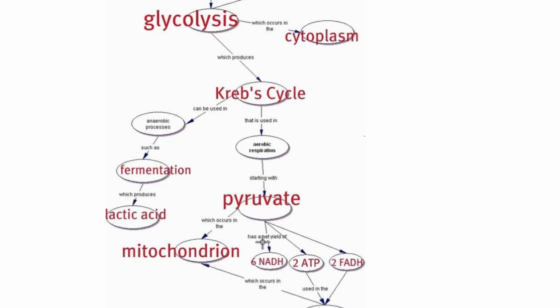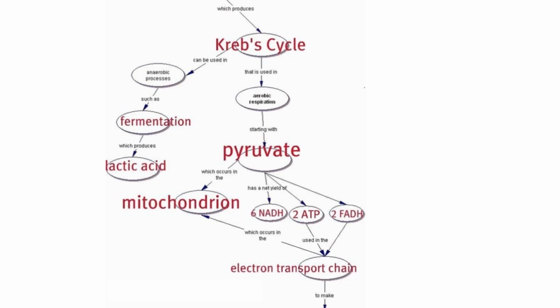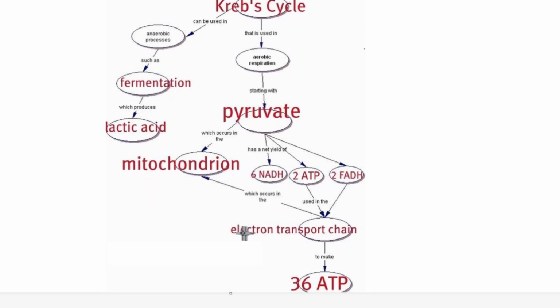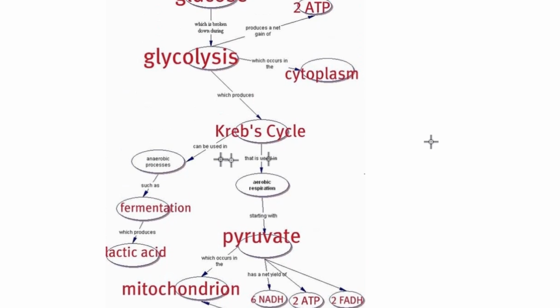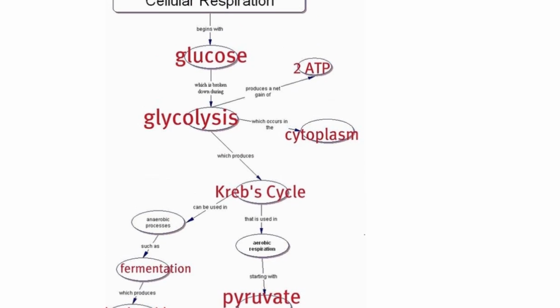And this has a net yield of 2 reduced NAD or NADH, 2 ATPs, 2 reduced FAD or FADH2, and this then initiates the electron transport chain to make 36 overall ATP. It is also used in anaerobic processes, but we're not going to get into that here. So that's a basic overview of cellular respiration, the step-by-step process.